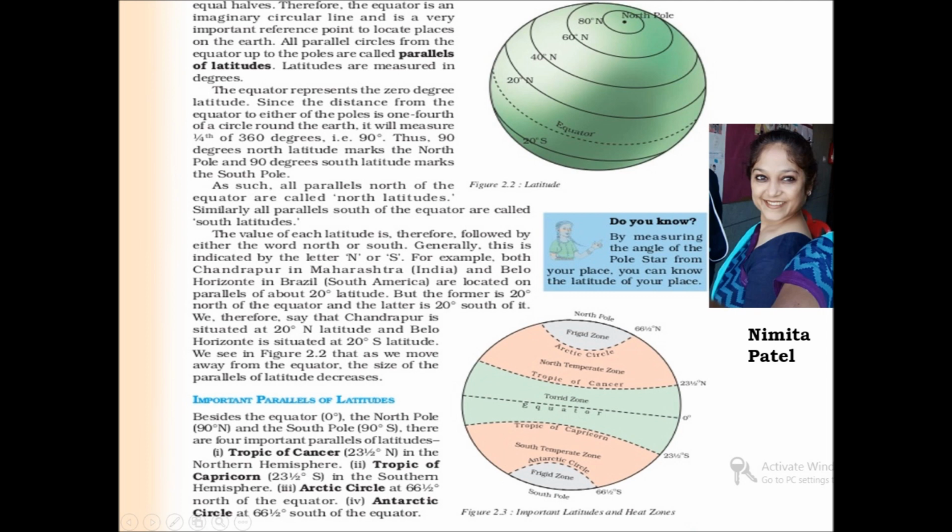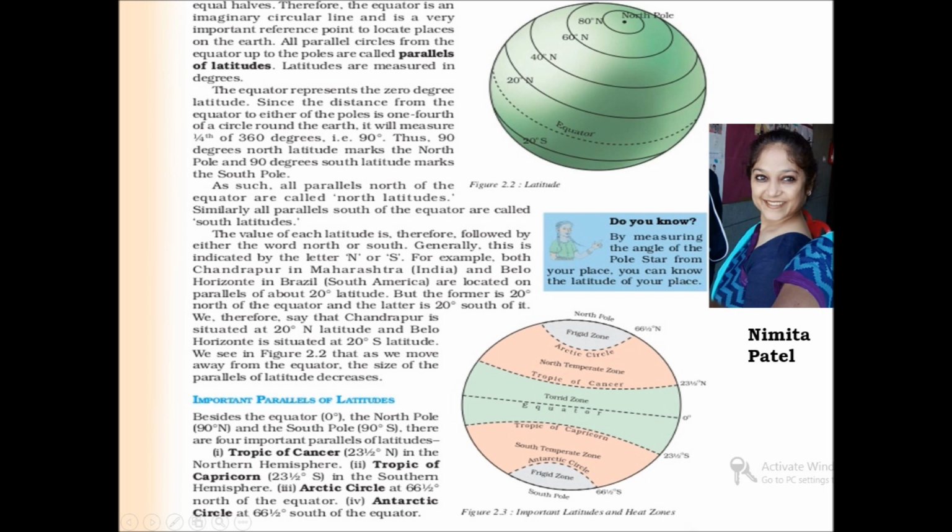Now in the last part of the lesson, we learned about the heat zones of the earth, that is the torrid zone, the temperate zone and the frigid zone. The torrid zone is the region near the equator where the sun rays hit the earth directly. Due to the shape of the earth, most of the heat is absorbed at the center, making it the torrid zone.